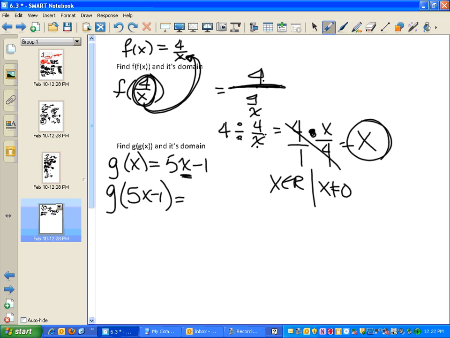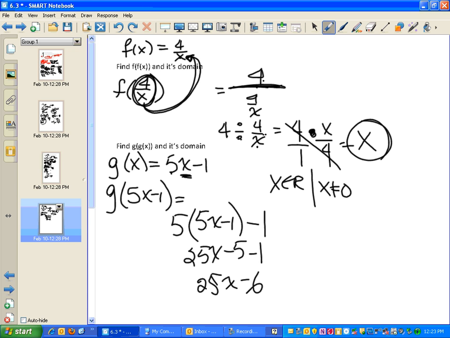What am I going to put in there? So I'm going to take that 5 that's sitting out here, and I'm not going to lose it, right? And then I'm going to put, instead of x, 5x minus 1. And then what am I going to still have to add on? Minus 1. And then I get 25x minus 5 minus 1, which is 25x minus 6.